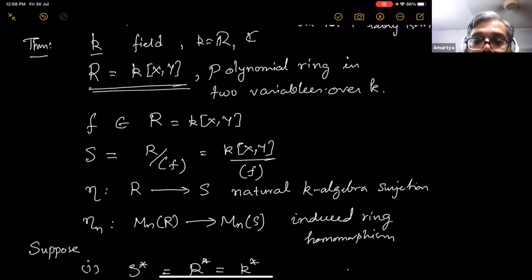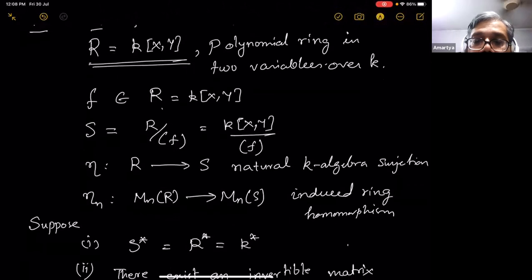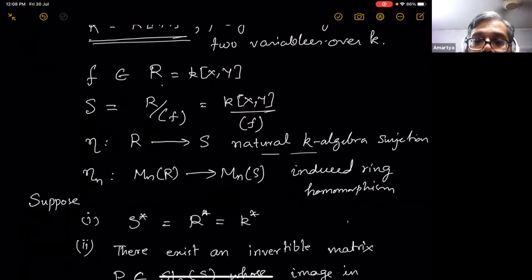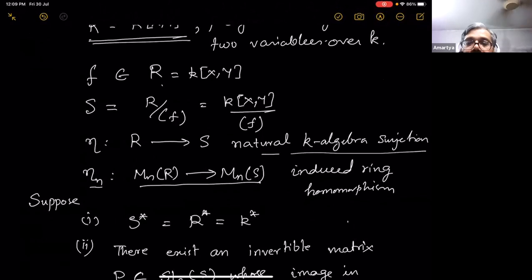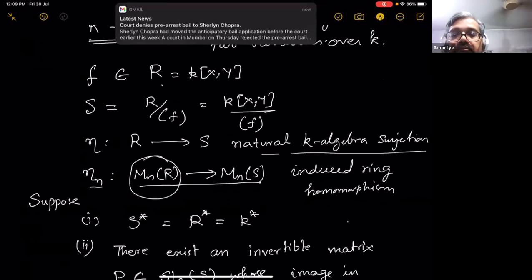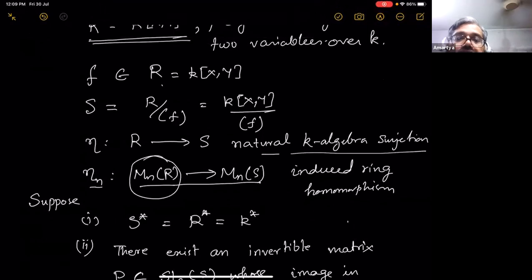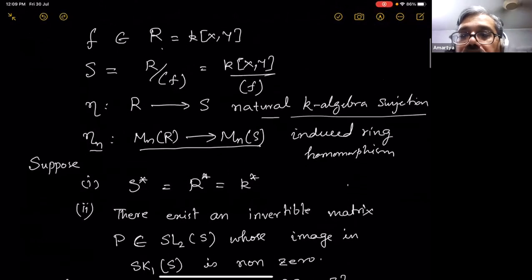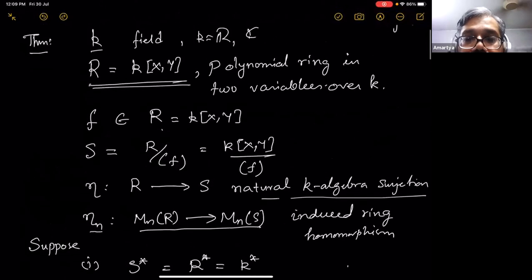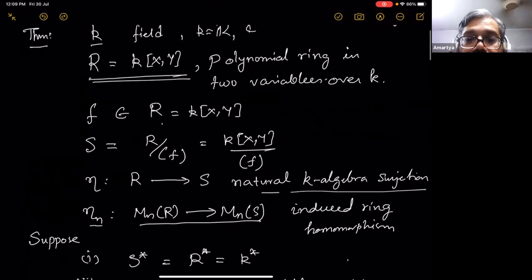Okay, so R is a polynomial ring in two variables, and F is an element in R, and S is this quotient ring, and eta is this natural K algebra surjection, and with eta n, this induced ring homomorphism. So this M_n(R) is the set of n cross n matrices over the ring R, and this is the natural surjection induced by this map eta.